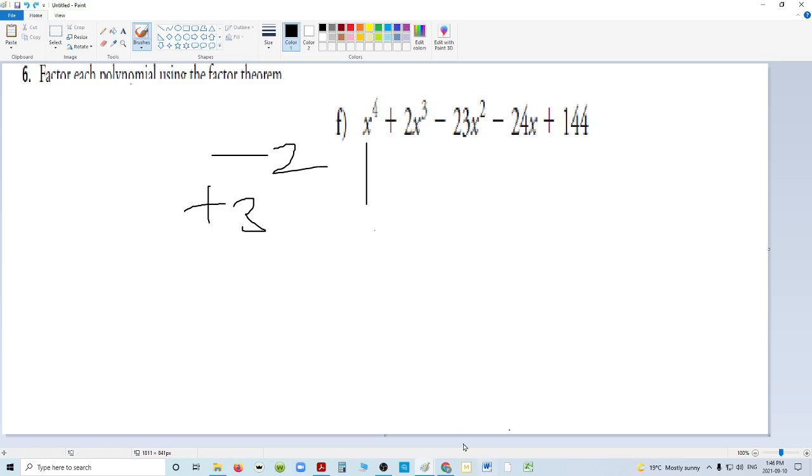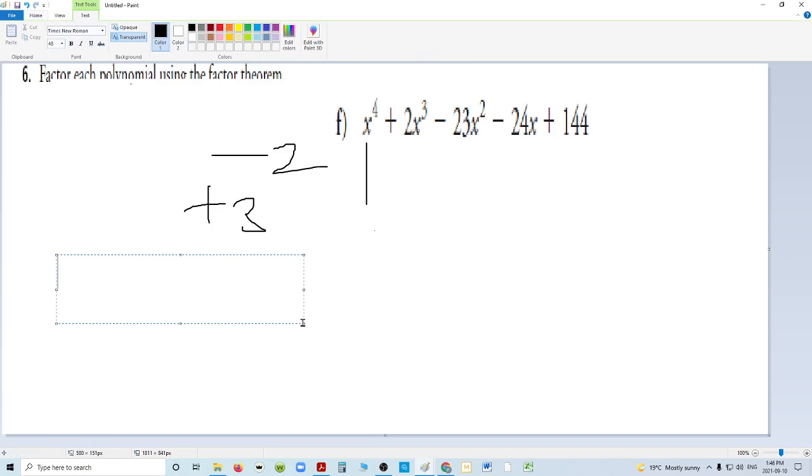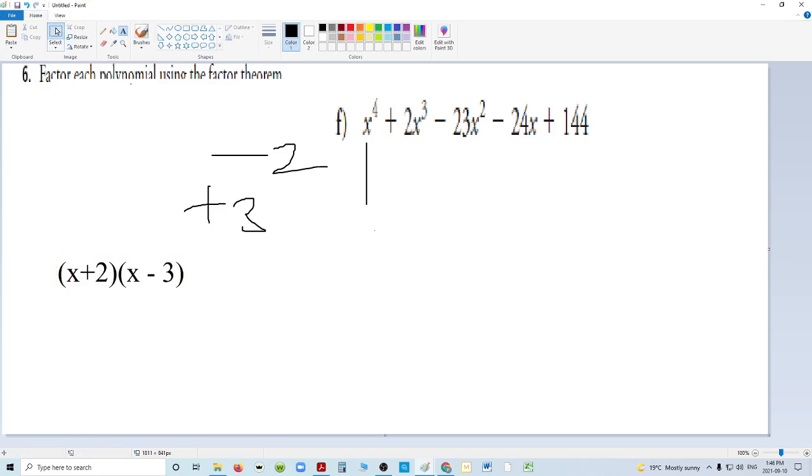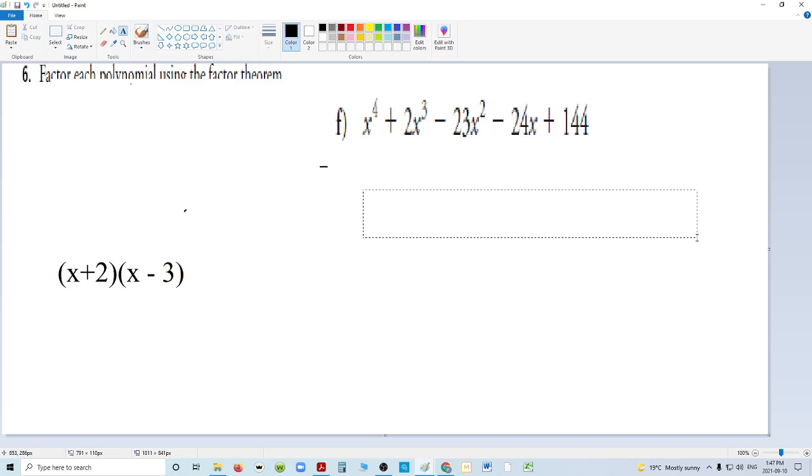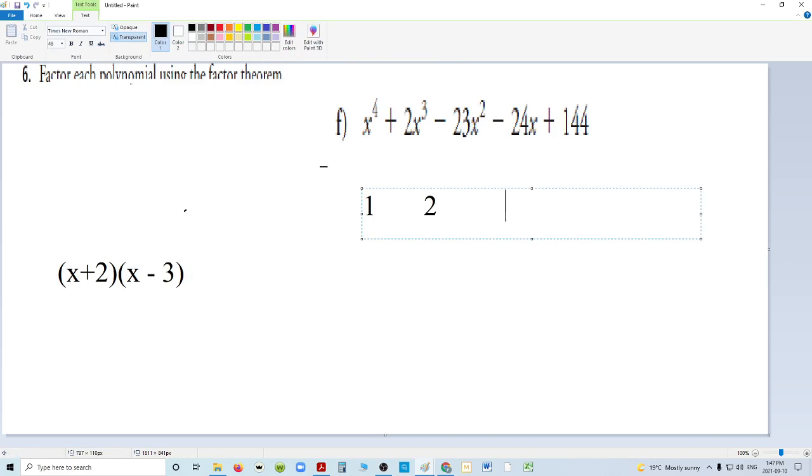Now I even forget what I figured out. Oh well, it'll come out in the synthetic division, because it won't work if it doesn't factor in. So I'll try x plus 2, which I know is one factor, and x minus 3 is another. If I got those wrong, the synthetic division will straighten it out. It might be x minus 2. So I start with the numbers 1, 2, and I might have done 2 at once there, minus 24, 144. And we'll just start with 3.